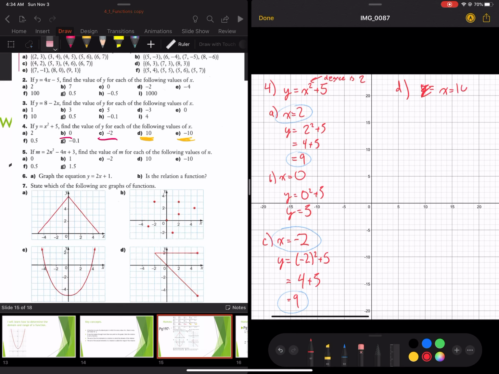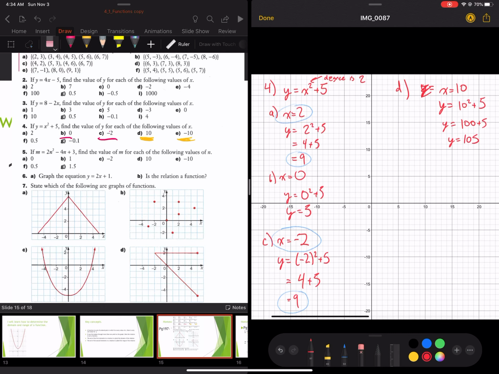x equals 10. y is equal to 10 squared plus 5, which means y equals 100 plus 5, which is equal to 105.